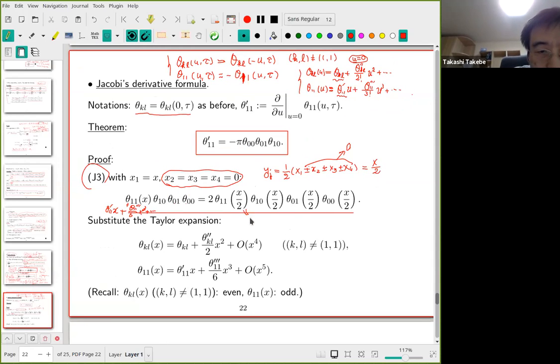And this is our theta 1 prime x over 2 plus theta 1 triple prime over 6 and x over 2 cubic plus etc. And for example, this is theta 1 0, so this is constant, and theta 1 0 double prime over 2 times x over 2 squared, and so on.